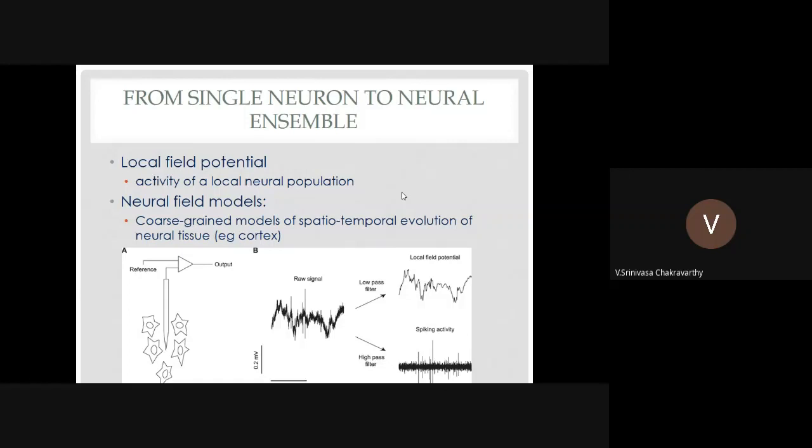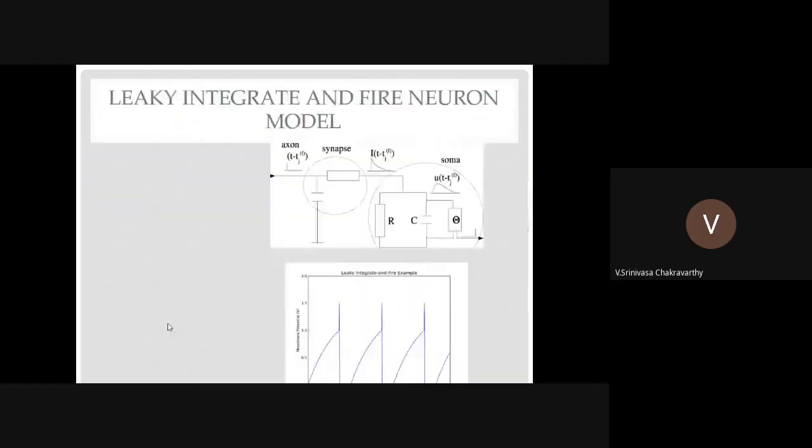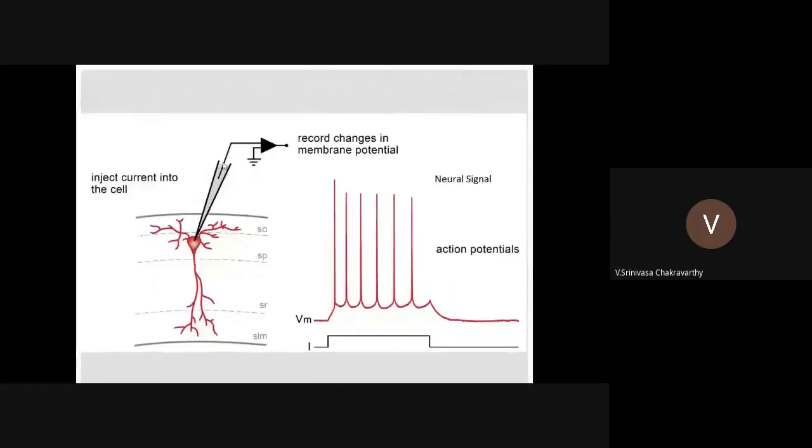Therefore, the signal of such an ensemble is not a train of spikes, but a more average signal, which looks like what you see in this picture. If you are measuring the activity of a neuron by poking an electrode, if you poke a neuron with this microelectrode and measure it, you see the spikes.